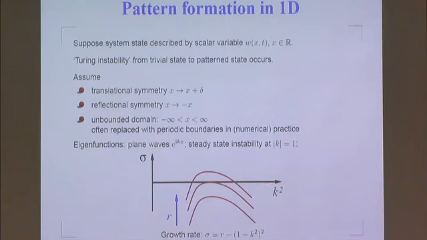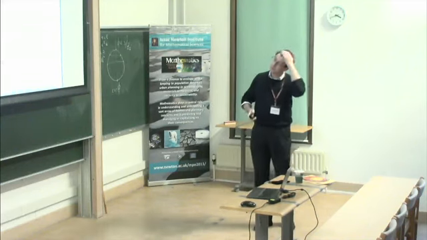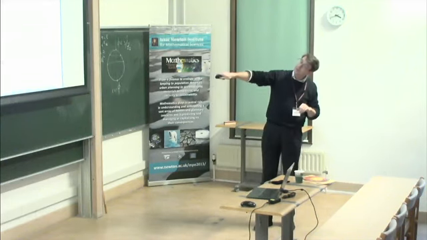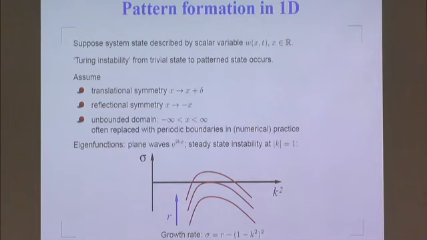So you test the stability of the solution by perturbing it with noise or something that contains lots of different wave numbers, and you look at the linear decay rate of these different wave number modes. Okay? And the kind of instability that I'm interested in is one where I increase this parameter r, and this parabolic maximum crosses the axis, and I have a little interval of wave numbers here where I have a positive linear growth rate.